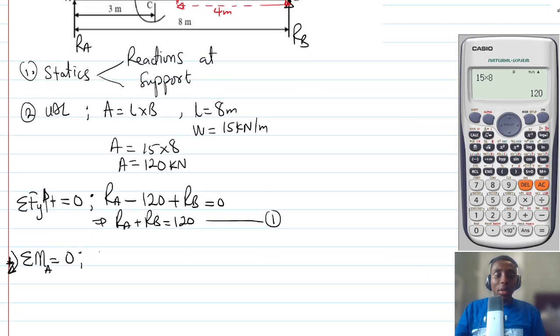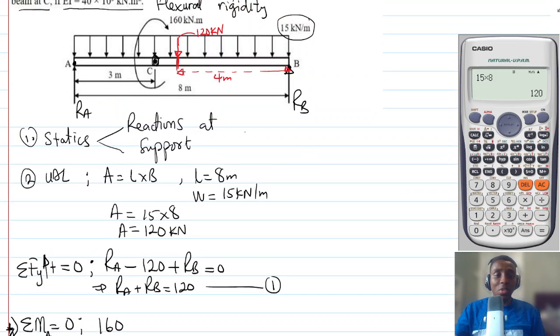We bring that in as 160, because it's clockwise and therefore positive. Then, if you look at the 120 kilonewton load, the load is acting at the center.